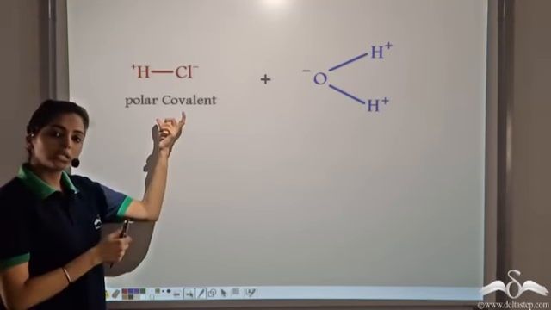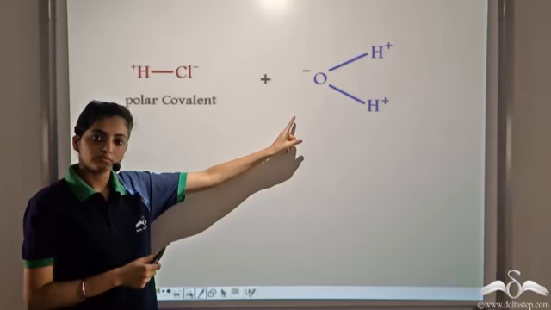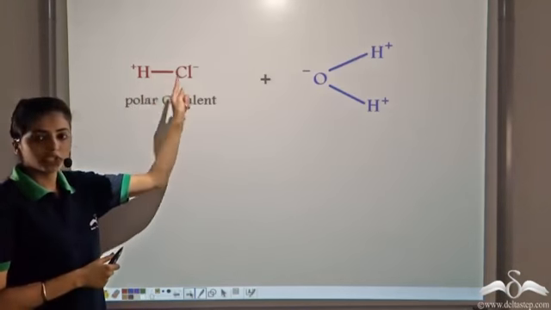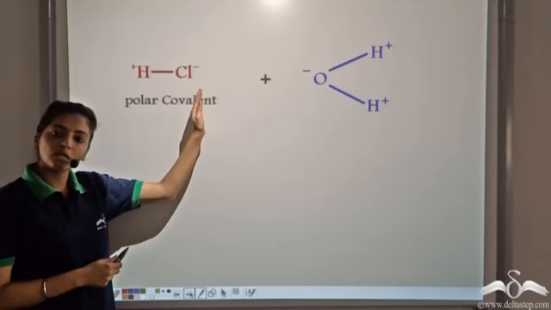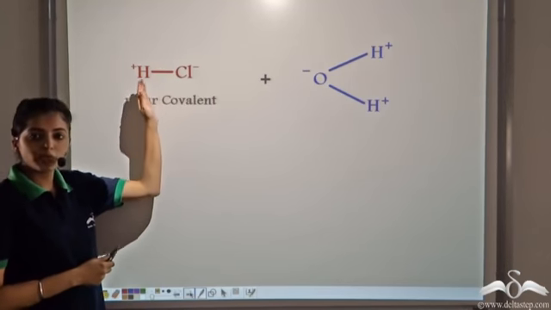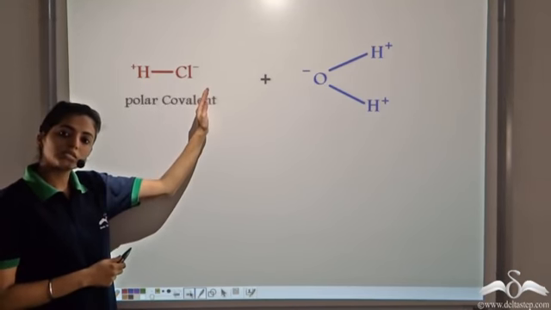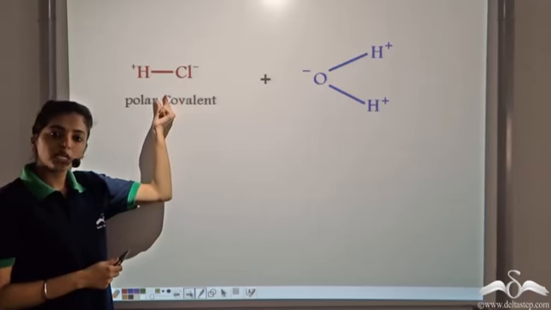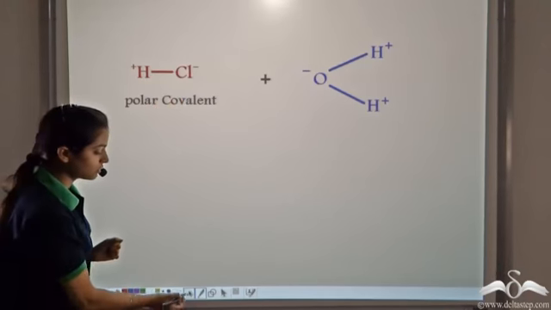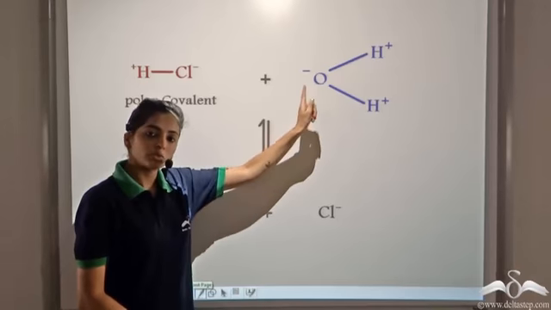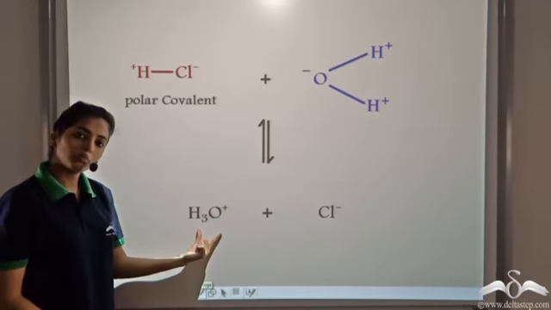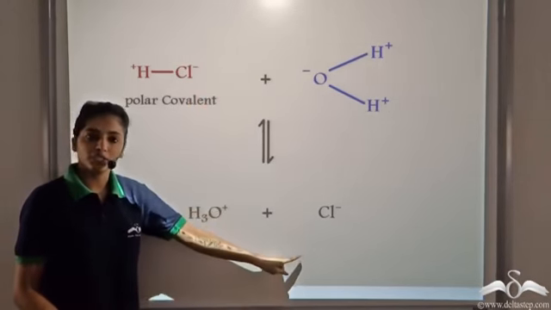So in this case, when we add water, since there is separation of charges, the two ions separate out. That is, H+ separates out and Cl- separates out. But the H+ ion is not stable, so it attaches itself to the oxygen atom. So we form H3O+ and the chloride ion is separated out.